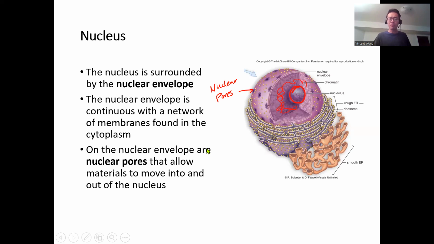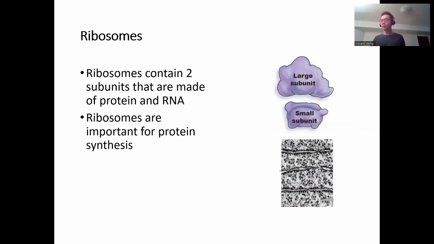But if you zoom in and take a look at the structure of a ribosome, you will see that it has a large subunit and a small subunit. Think of it like a burger bun: the top bun is bigger. Usually the large subunit and small subunit are apart, but when the ribosome does its job, they come together.